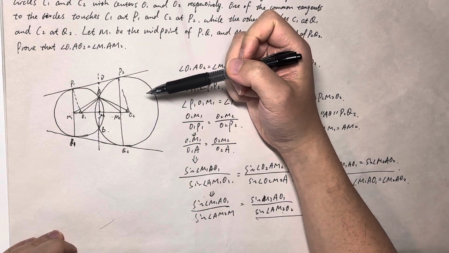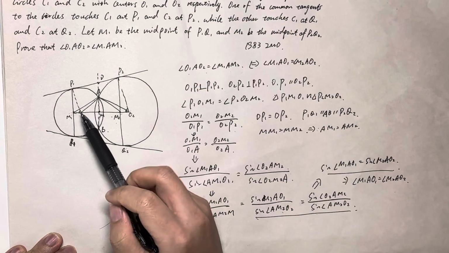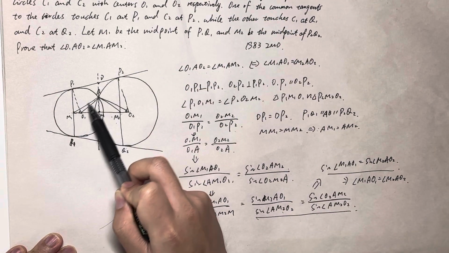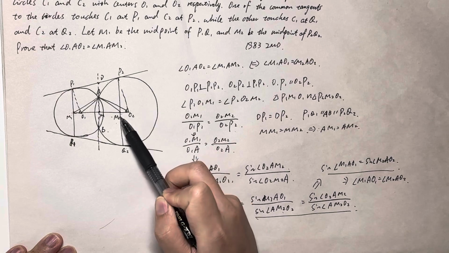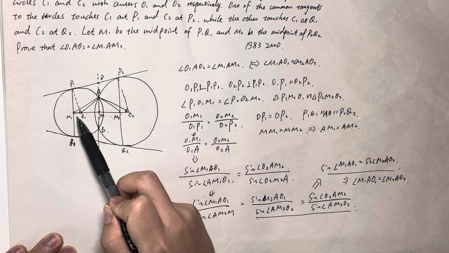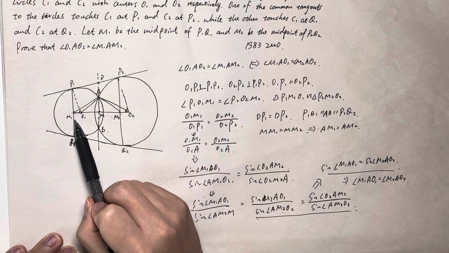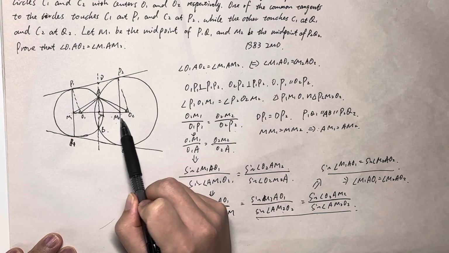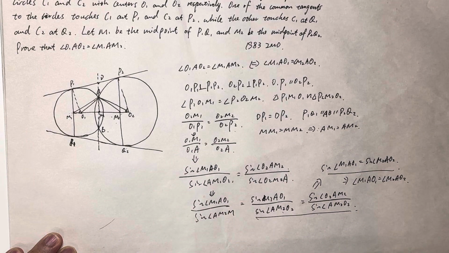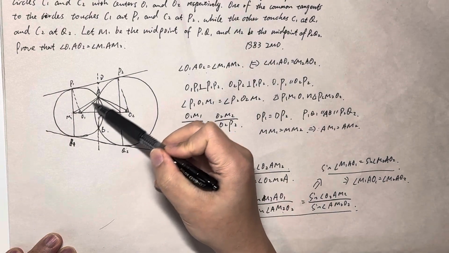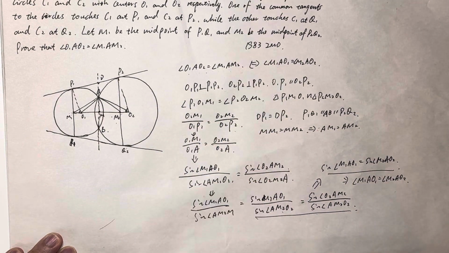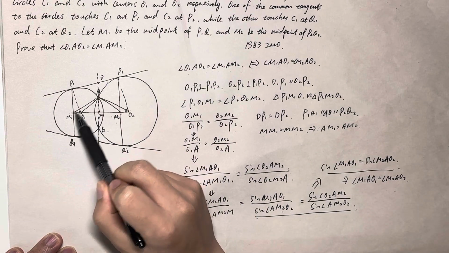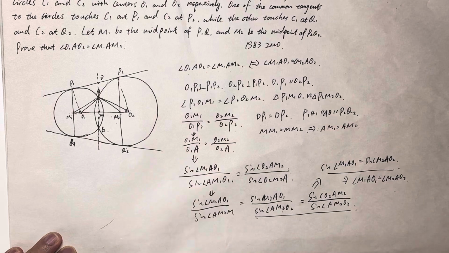Based on that, if we want to find anything related to angle M1AO1 and angle M2AO2, we need to put it back to the sides M1O1 and M2O2. Then we find the relations as much as we can, until eventually AM1 equals AM2 and the problem is solved.